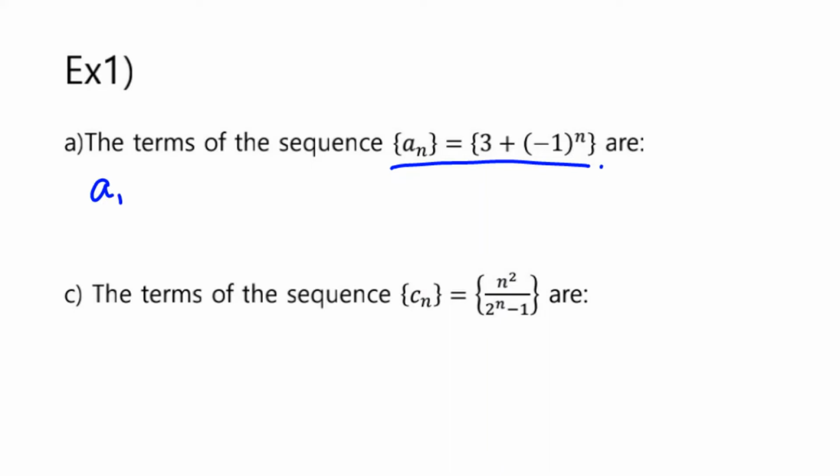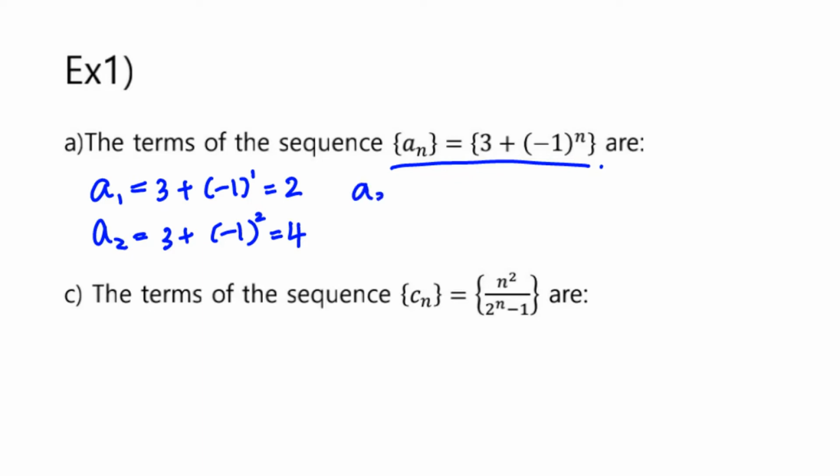So a1 is 3 plus negative 1 to the first power, so that is 2. a2 is 3 plus negative 1 squared, so that is 4. a3 is 3 plus negative 1 to the odd number again, so that is 2 again. So this sequence goes 2, 4, 2, 4, 2, 4, infinitely repeating.